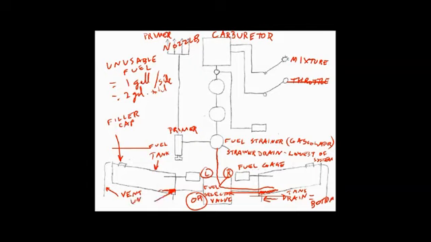We're going to have our electric fuel pump, and we have our engine-driven fuel pump. You don't need to write the word fuel in there. It's an electric pump. There we go. And right here is our pressure sender.